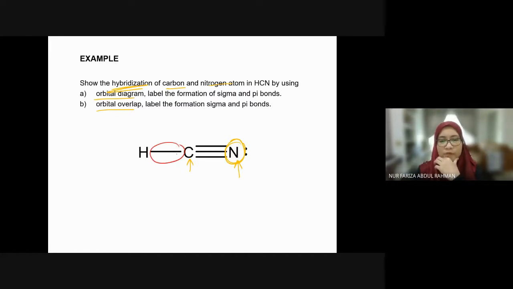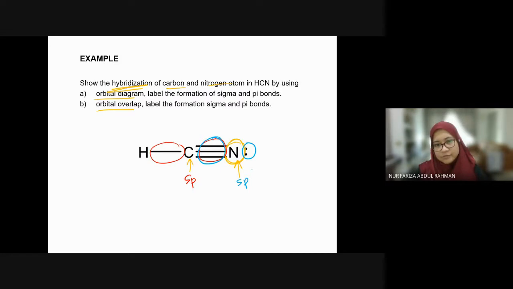For carbon, we have 1 and 2. That means it is sp for carbon. And as for nitrogen, 1, 2. Make sure that those electron groups are directly attached to the atom that we are interested in. In this case, it is also sp.